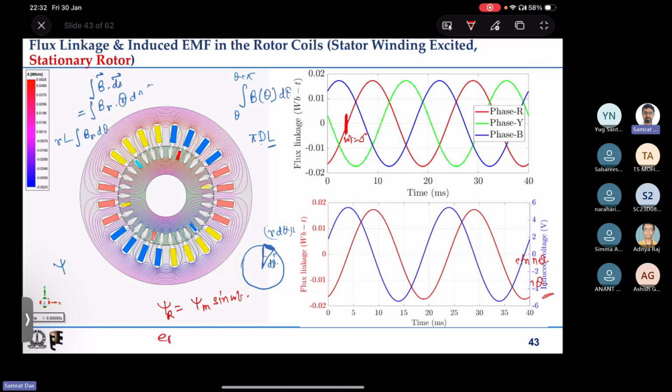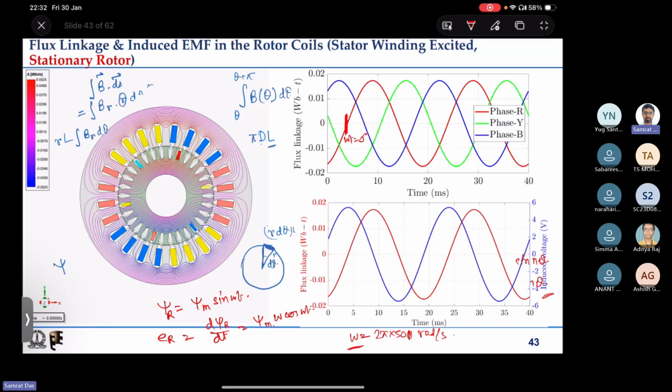Now what is the r phase induced EMF? That is d psi r by dt. What is that? It is psi m into omega into cos of omega t, right? When the rotor is stationary, the flux linkage frequency is omega equal to 2 pi into 50 radian per second.